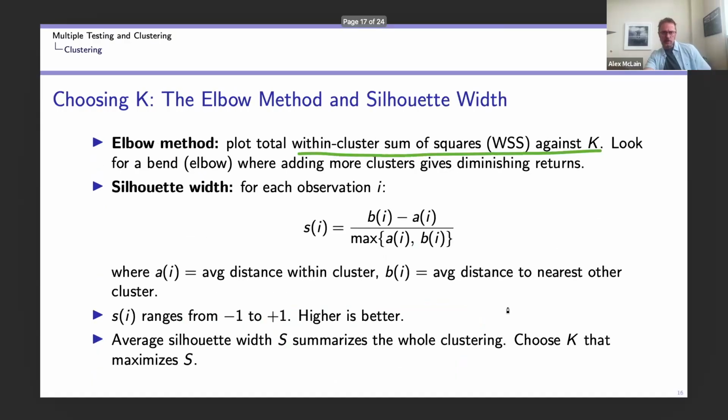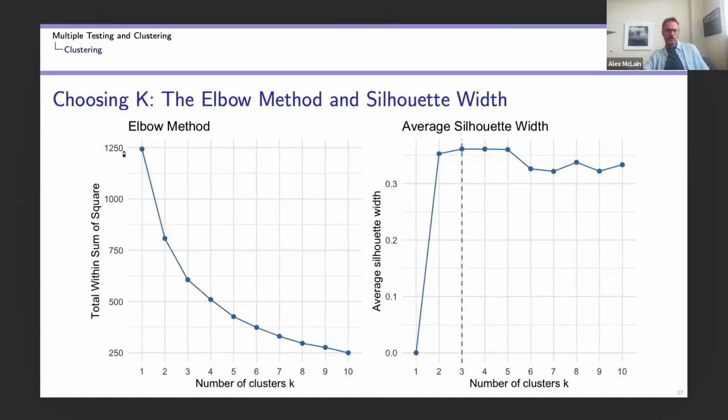The elbow method, it looks, are there points? So here's a plot of the total within sum of squares and the number of clusters. The within cluster sum of squares is always decreasing. The elbow method says, look at a point in the figure where there seems to be diminishing returns. In this figure, it doesn't really appear to happen, but let's say the figure looks something more like this.